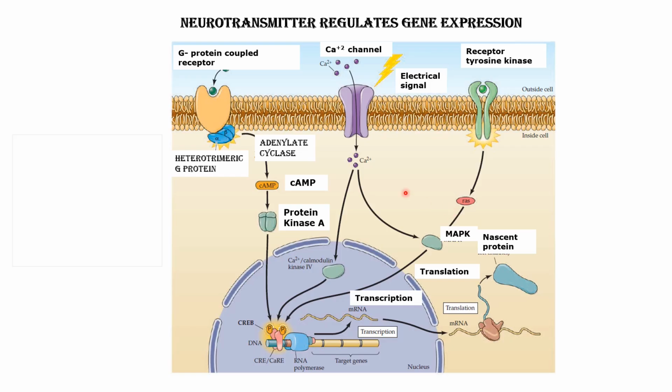Both these activated protein kinase A and MAP kinase can go and phosphorylate transcription factors which are sitting upstream of specific genes. This phosphorylation of these transcription factors switches on the expression of these genes, leading to their transcription and translation, and therefore these specific proteins now become available inside the cell. These can lead to long-lasting changes in the postsynaptic neuron.